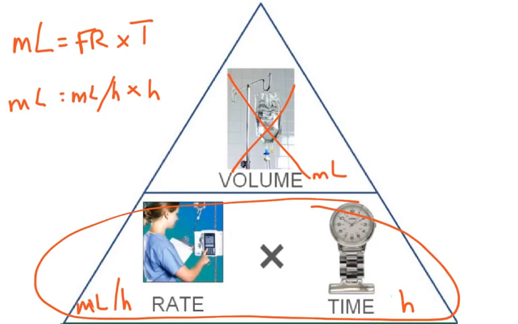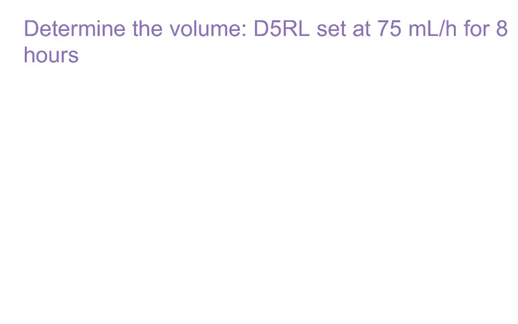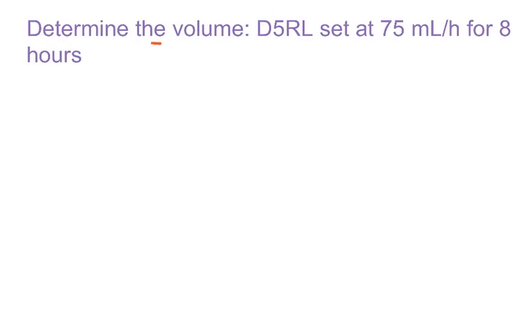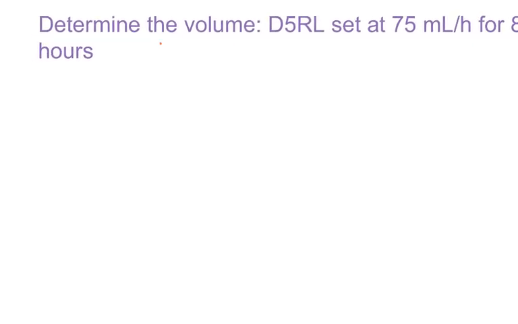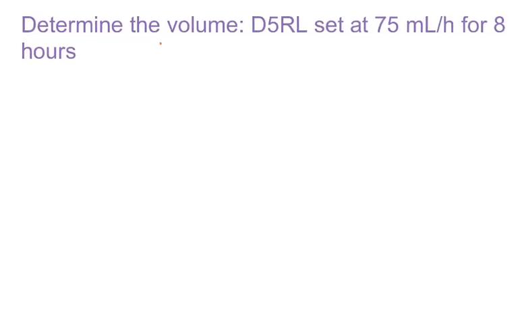So I've got a couple problems. It says determine the volume. And what we have is D5RL set at 75 milliliters an hour for 8 hours. Okay, so we're looking for the total volume, and that's in milliliters. My brain likes to see it with the flow rate of milliliters per hour times the hours.